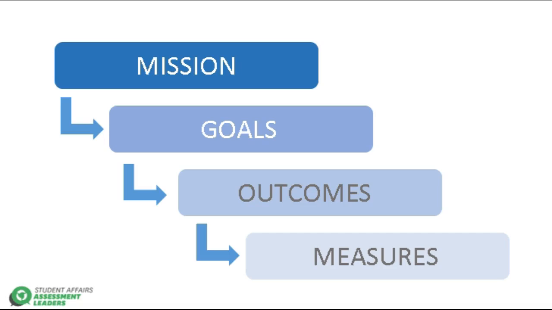Let's consider an example of this process. Suppose your institution has a mission to promote deep learning for all students, and maybe within this broader idea is a goal to engage first-generation college students in a way that supports their learning so they have similar learning outcomes as non-first-generation students at the institution. There are a number of approaches we might take to measure this sequence of ideas.